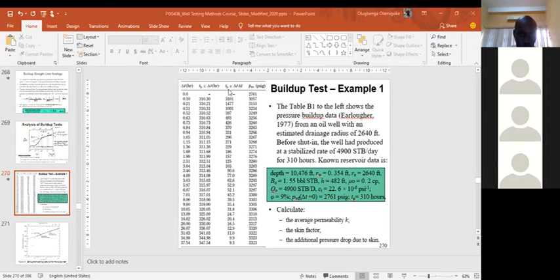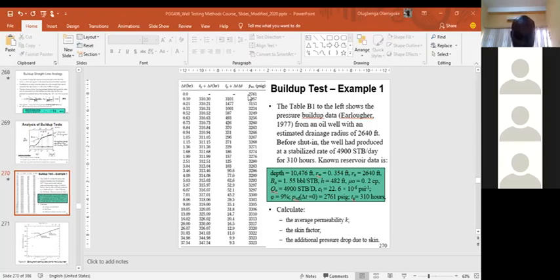So this should be, in brackets, Tp plus delta t over delta t. And this is shut-in pressure. This is given. So the 2761 is the first shut-in pressure, the pressure just when the well is shut in. And you notice that there's a buildup of the pressures.